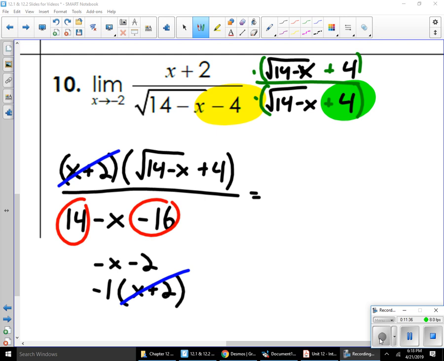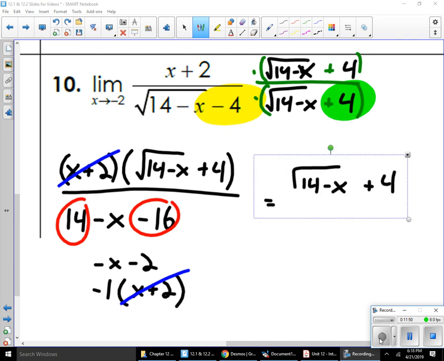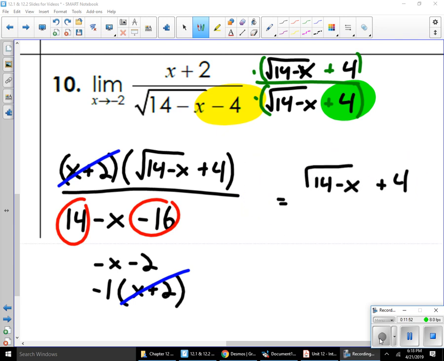So in the numerator, we have the square root of 14 minus x plus 4. And in that denominator, it's just the negative 1. So one thing we can do to clean this up is to forget about that being a denominator, and we can just say that it's the opposite of whatever comes out of this substitution. If you liked it better as a fraction, you can leave it as a fraction.